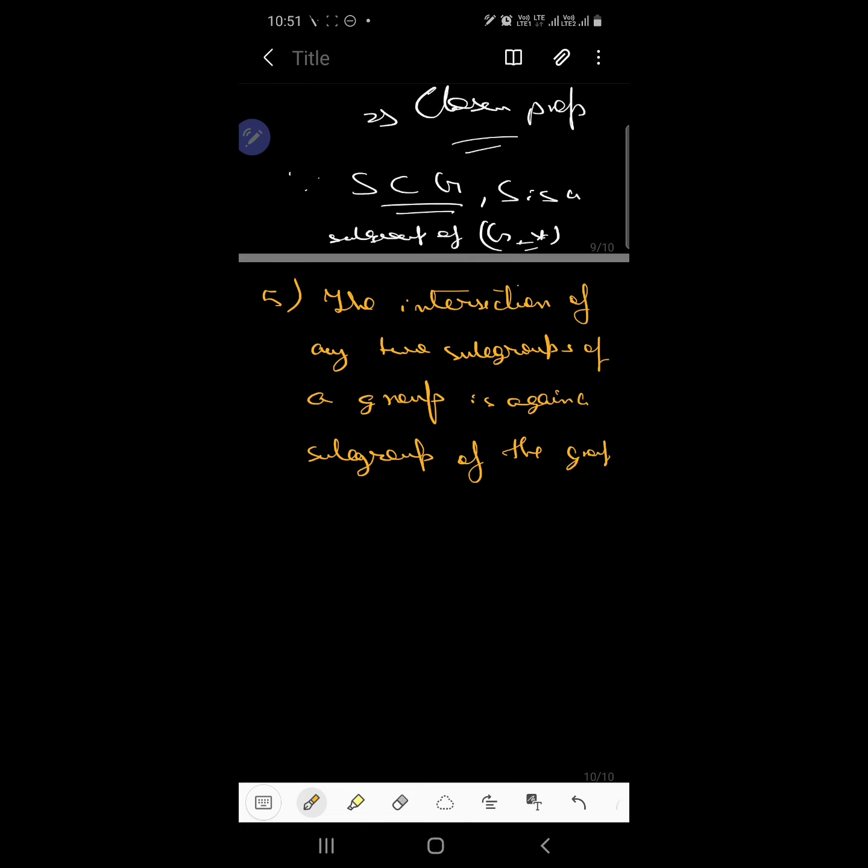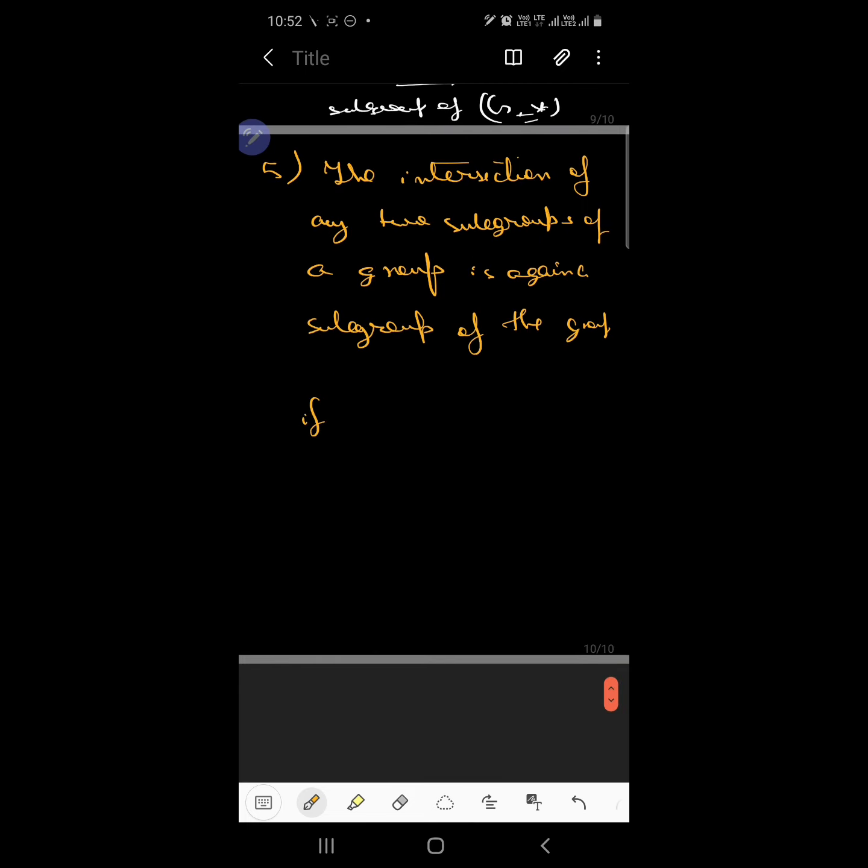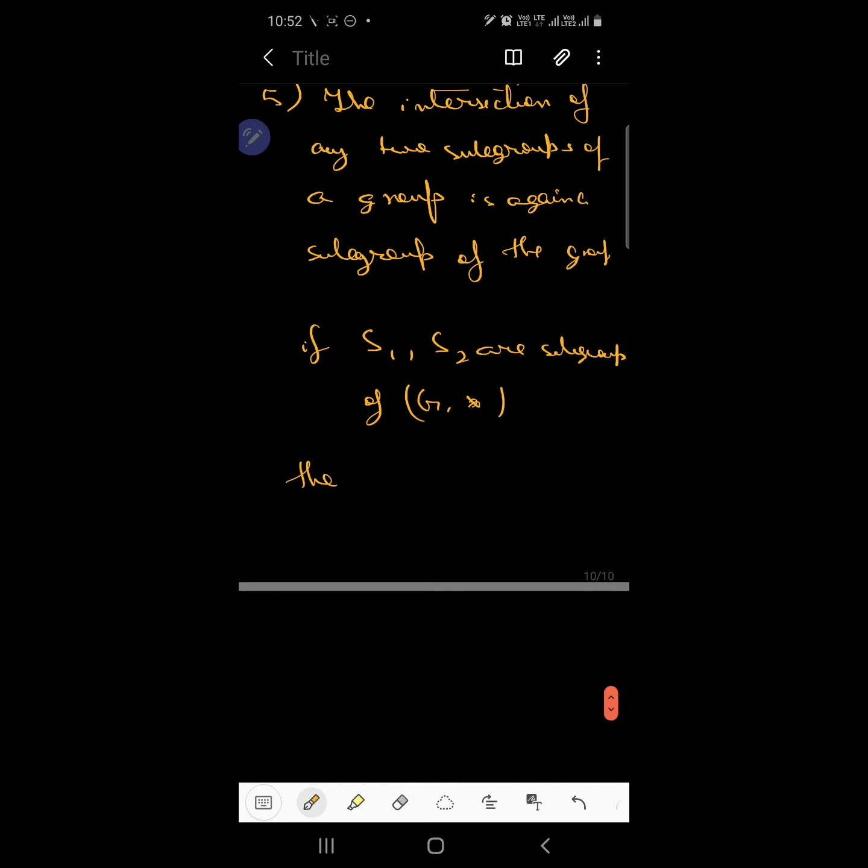Basically, if S1 and S2 are subgroups of G star, then S1 intersecting S2 is also a subgroup of the G star group. Getting it? So how can we prove it?